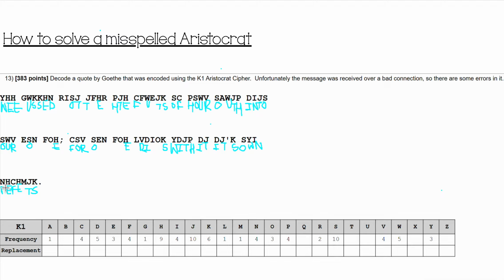Then we also have a D over here. This looks like it's defects, so I would put the C as M over there, and then we also figured out that D is over here and over here.